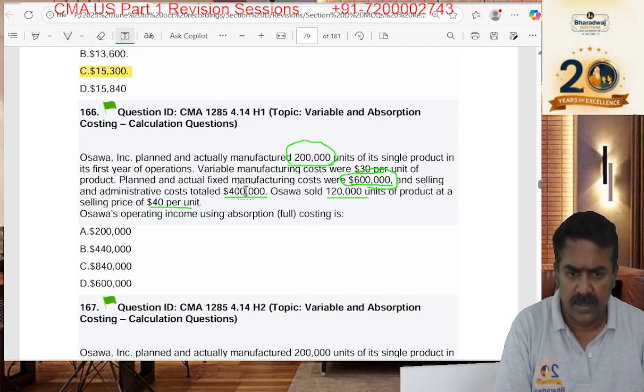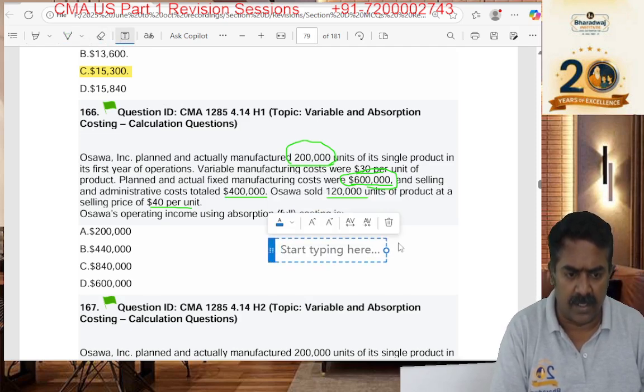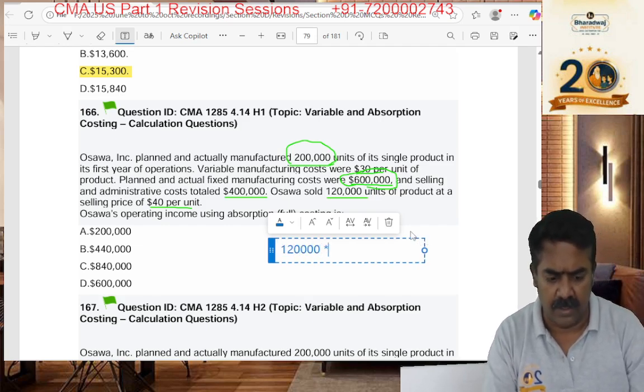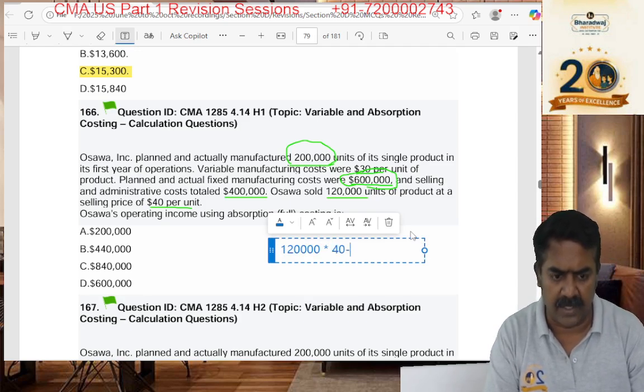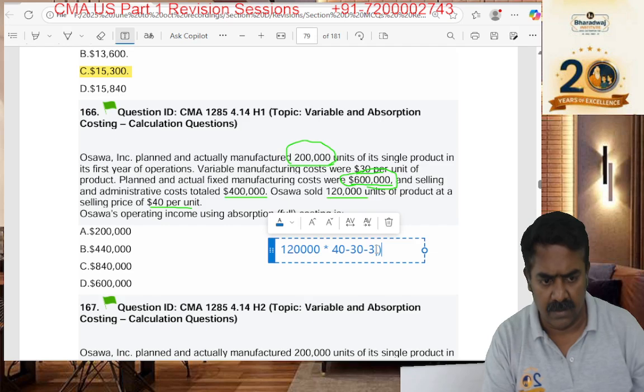So while working out operating income under absorption costing, 1,20,000 units sold into 40 minus variable cost 30, fixed cost 3. This will give us the surplus.